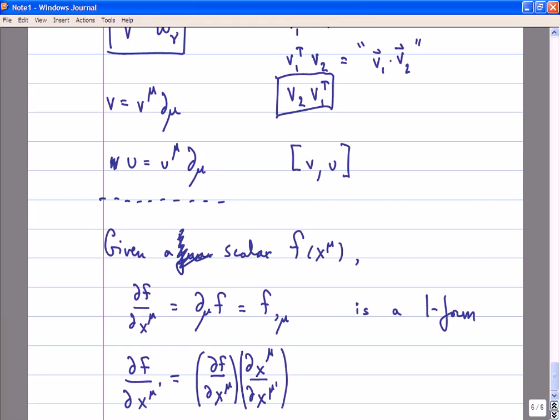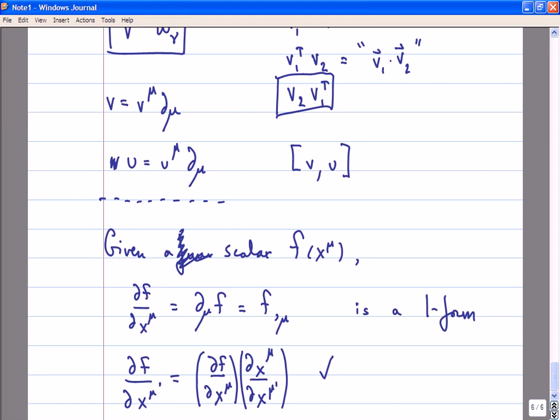So indeed, we see that the set of d quantities, which are the derivatives of a scalar with respect to the coordinates, transform as a one form. So indeed, we've met lots of one forms in our lives. Anytime we've ever taken a derivative of a scalar, that's been a one form.